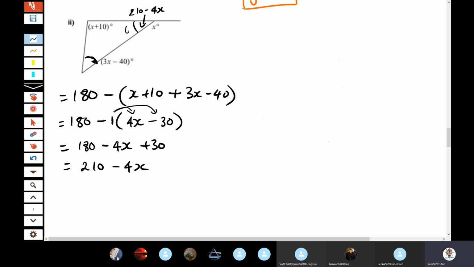Think about it. If this was 60 degrees, what are you doing when you do 180 take away 60? What did you just find? What angle would you have found if you're going to do 180 take away 60?